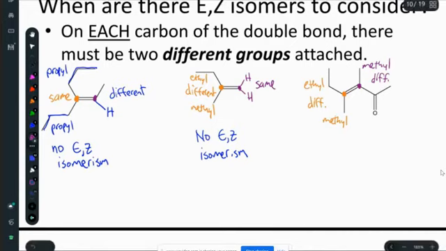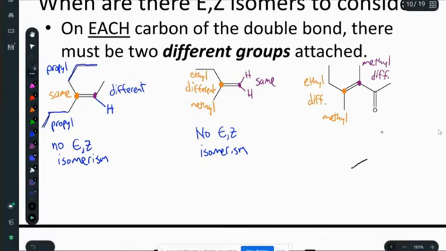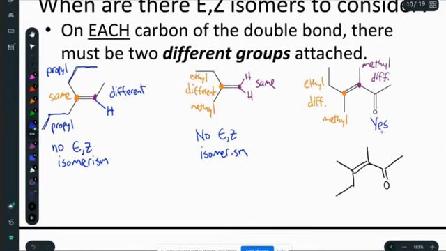So here, I need to consider E versus Z. If I switch two groups on one of the sides, I would get the other isomer. If I switch the methyl and the ethyl group, this is going to be a different isomer. So yes, I have easy isomerism here.